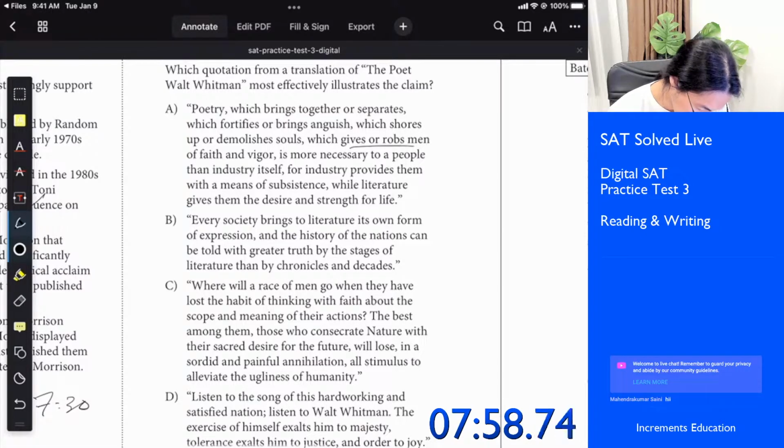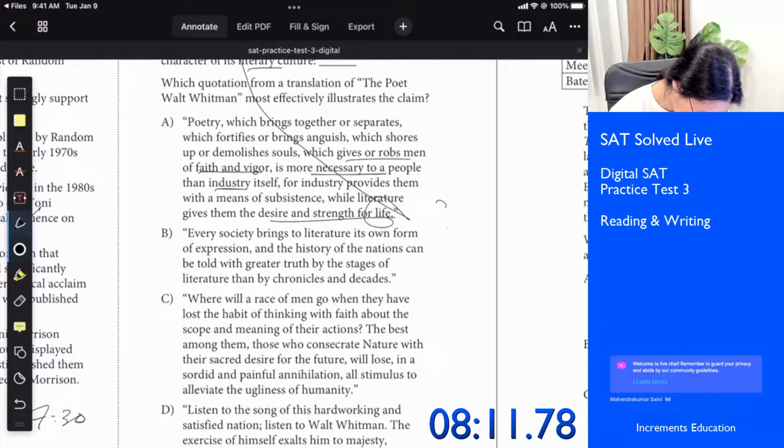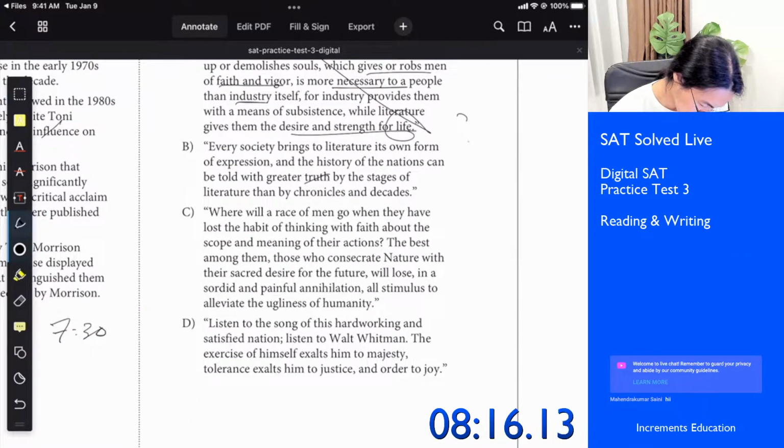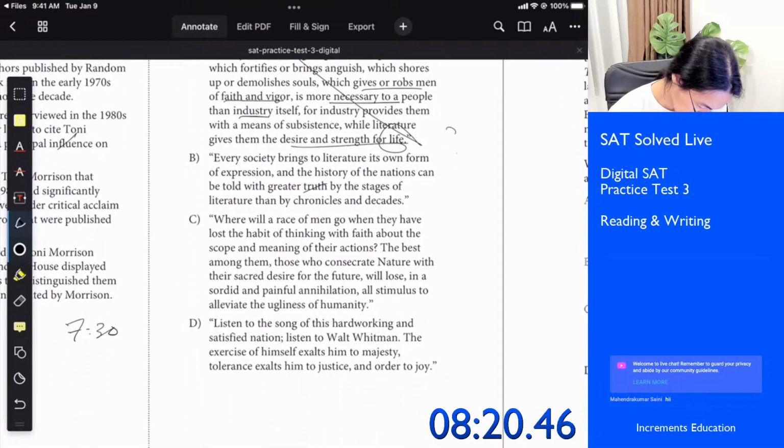Poetry gives a representative of faith and vigor, more necessary than industry. Strength, desire, and strength for life. Is that spiritual well-being? It seems kind of spiritual, right? Truth. Yeah, spiritual well-being.